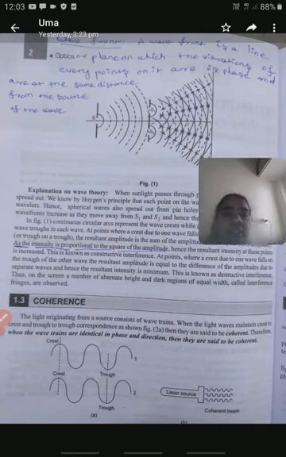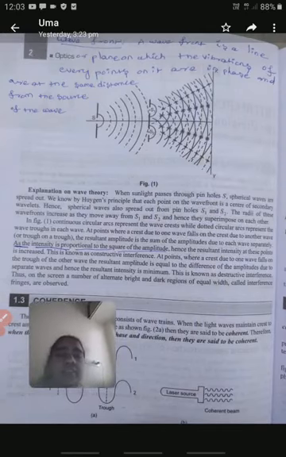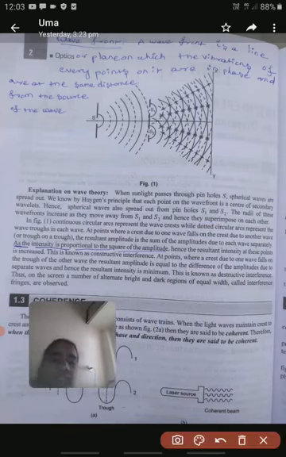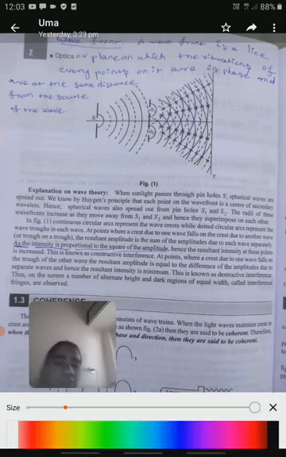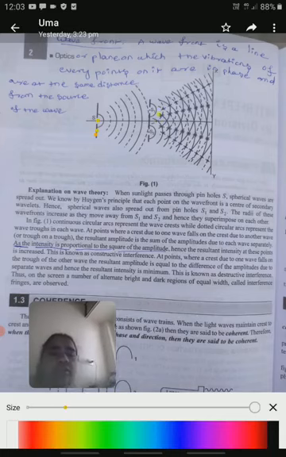What is S? When sunlight is passed on this hole, this S is nothing but a hole. So first there is this hole, and S1 and S2 are also pinholes, nothing but small holes.